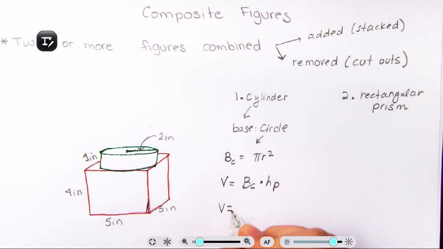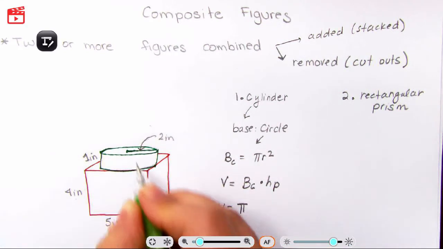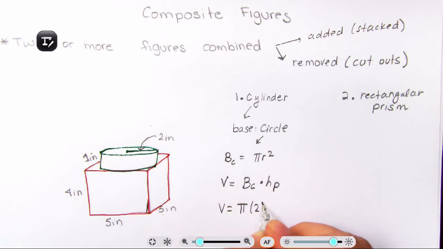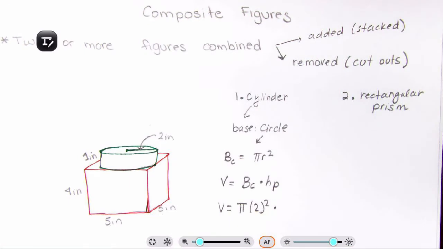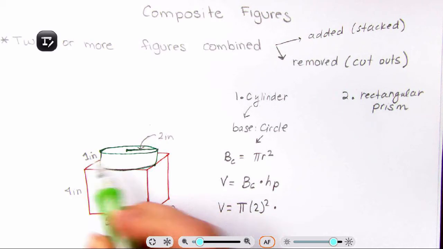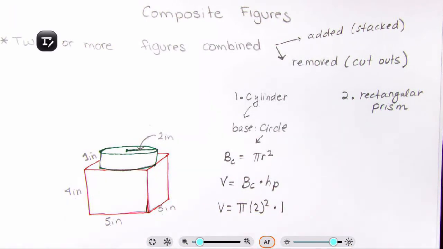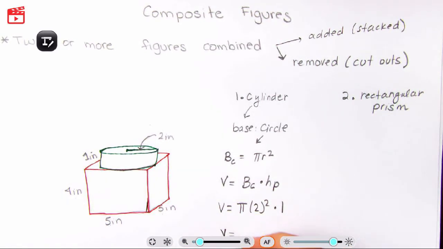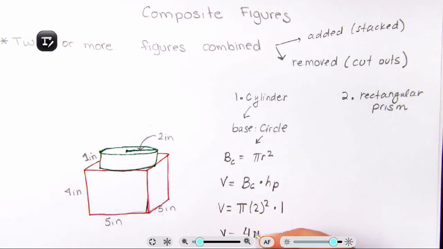So then we have pi r, which is 2, squared, times the height of the prism. Now, we're not saying the height of the composite figure. We're just wanting the height of the prism. What prism are we dealing with? We're dealing with cylinders. So what is the height of the cylinder? It is 1 inch. So our volume is 4 pi.